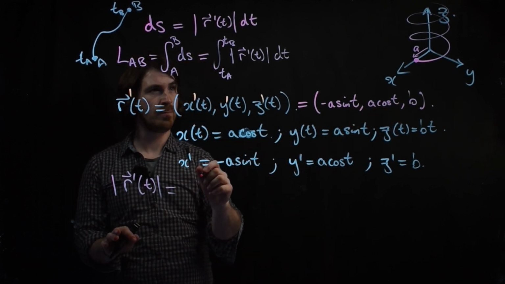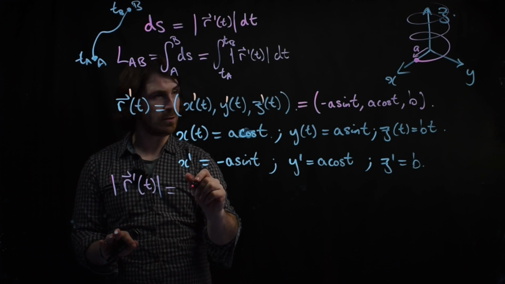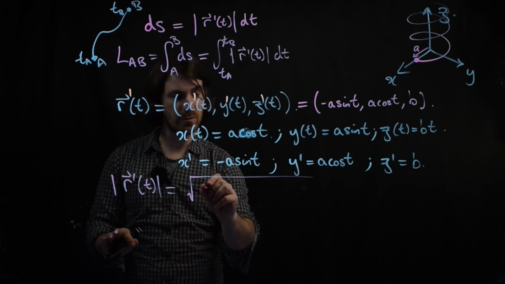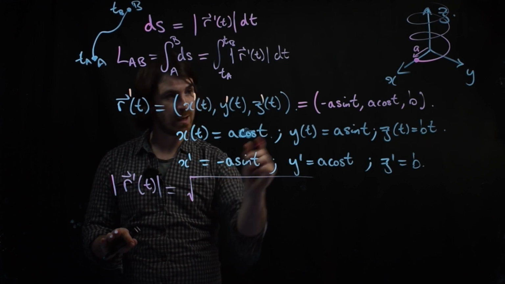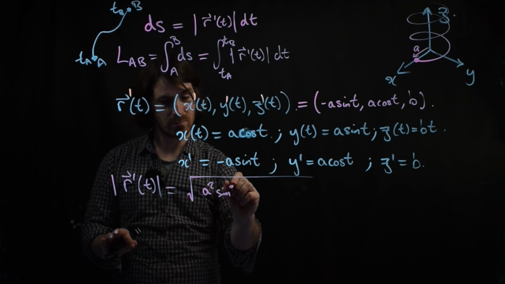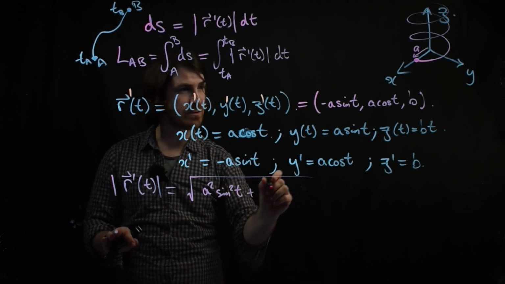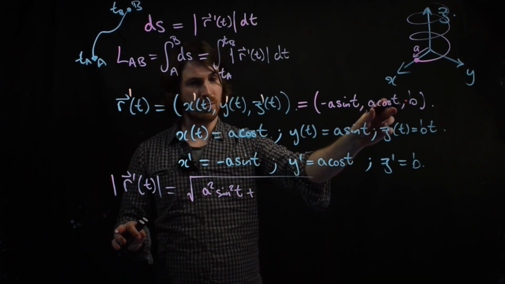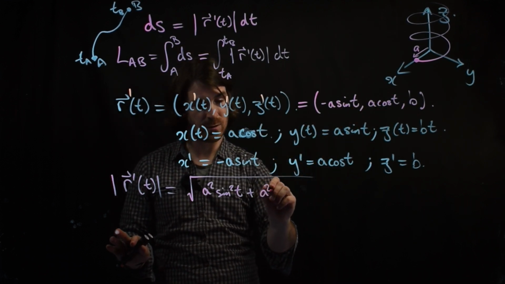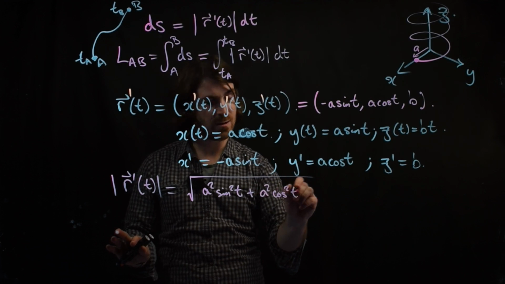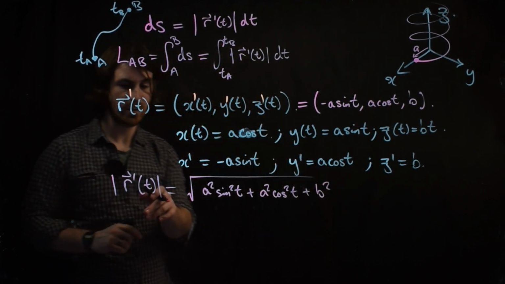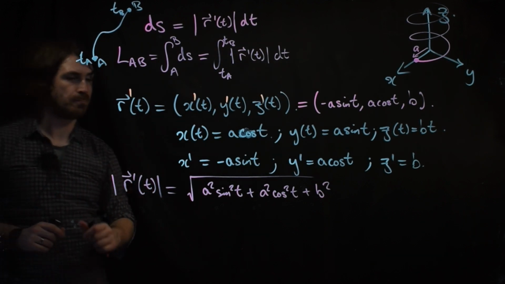So we take the square root of minus a sine t squared, that's a squared sine squared t, plus dy by dt squared, that's a squared cos squared t, plus b squared. That's the magnitude of our vector r prime.